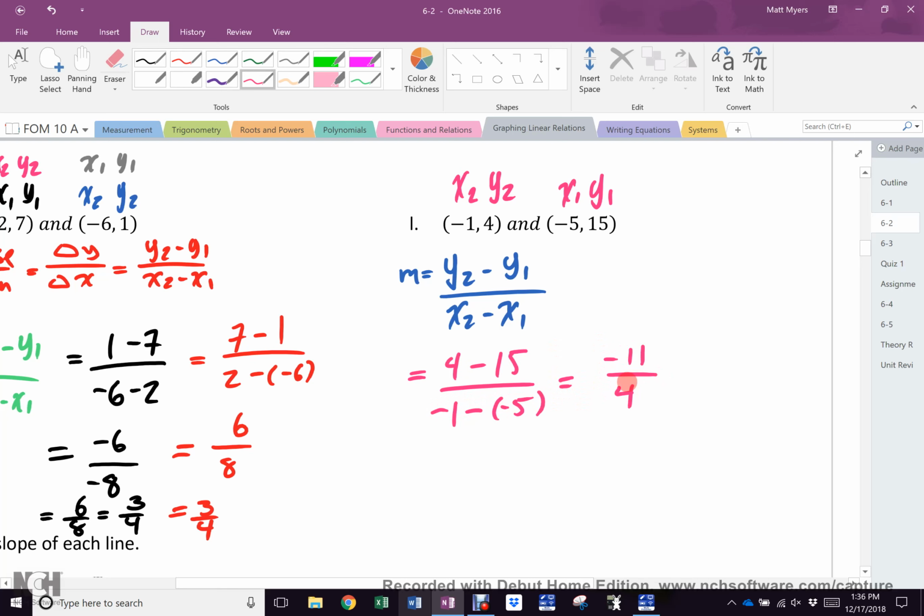That's my slope. Can everybody do it? If it's on a graph, you count. If it's not on a graph, you do this. Everybody good? Easy peasy lemon squeezy, right?